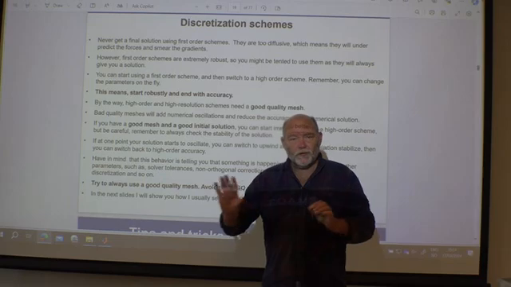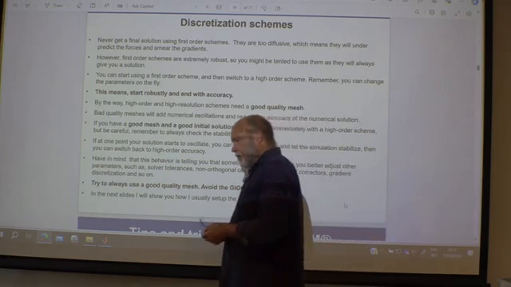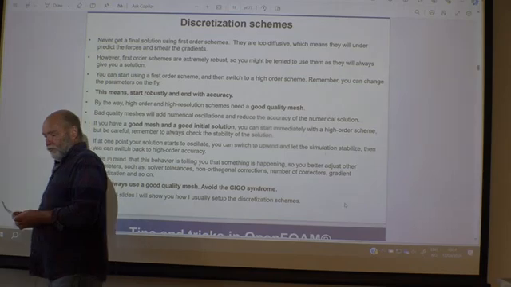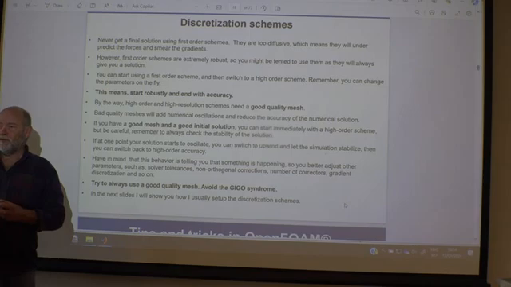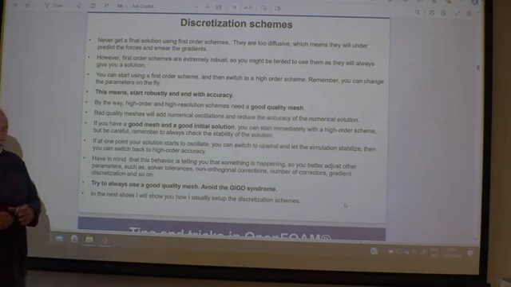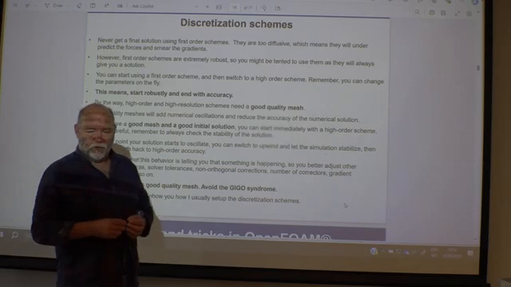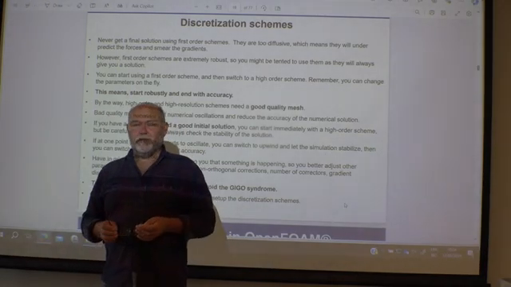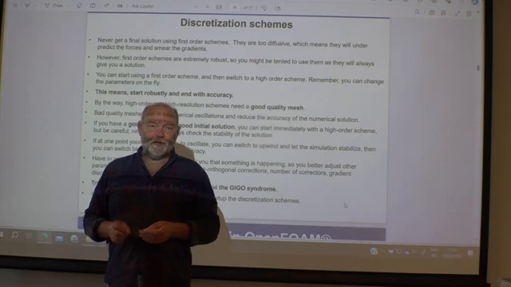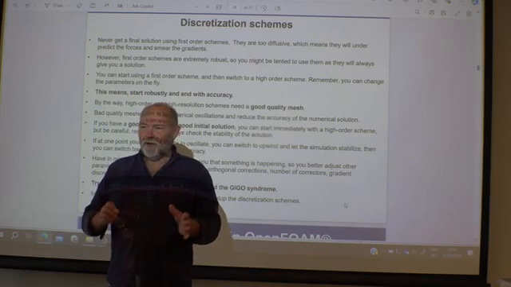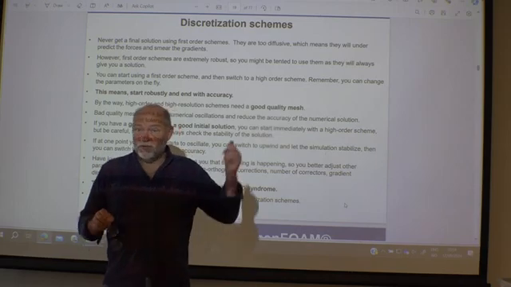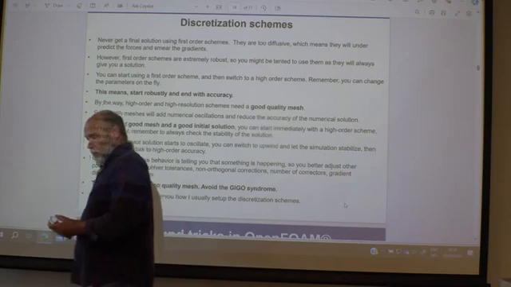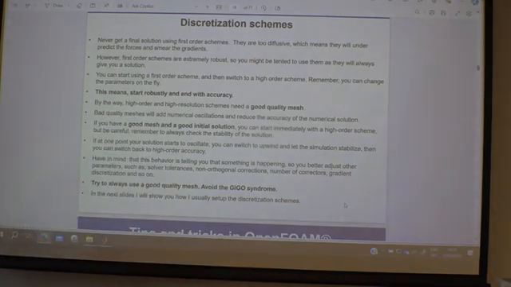That's two different stories. You may choose some discretization schemes and find a solution, and OpenFOAM reports, yes, I have a converged solution. And the solution has nothing to do with reality, then you're in trouble. So you have solved the equation, but your equations are wrong. Your schemes are wrong. Bad idea. So you have to know what you're doing here.